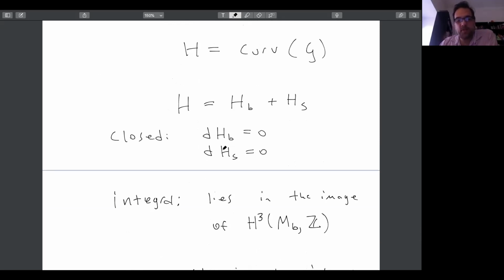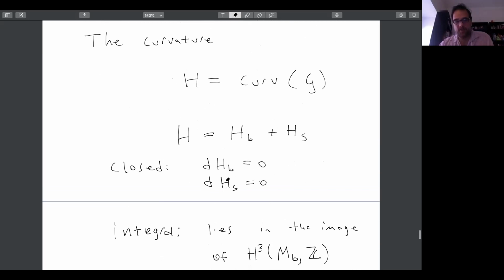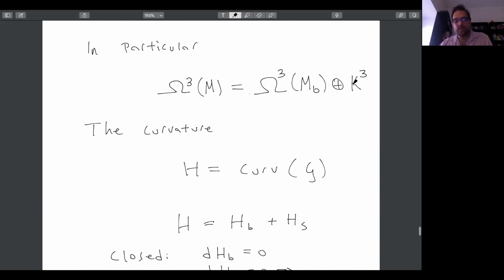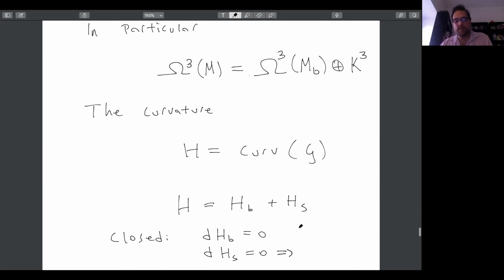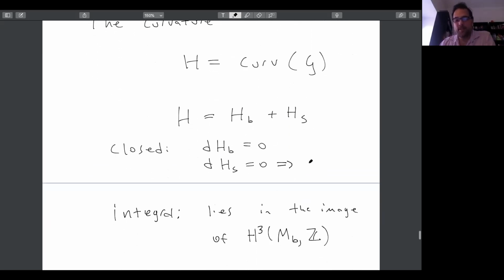So because we have this soul of the curvature that is closed, and that the complex of this kernel is an acyclic complex, that means that it has to be exact. So HS has to be d beta for some beta in K2.